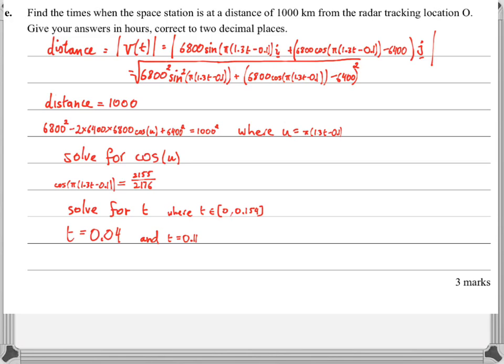So I solve across my domain, and there are my two time values that I have to state. Very good. And giving you in hours correct to 2 decimal places. Done. This is really about following a method and communicating our steps, but doing all the calculations on the CAS.